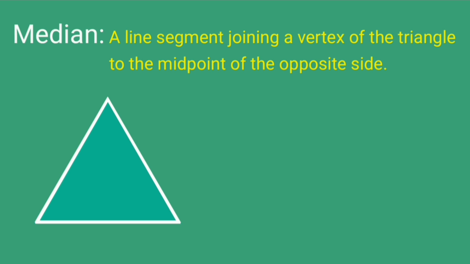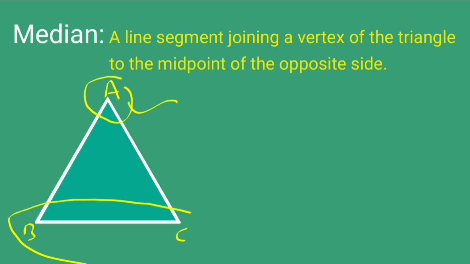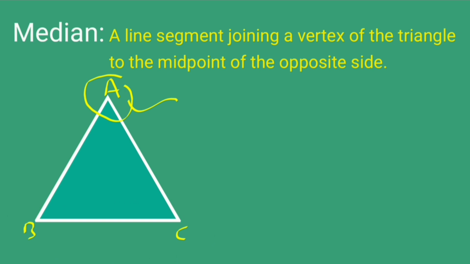Suppose these points are A, B and C. The opposite side of this vertex A is this BC line only. Now the line segment joining this vertex A onto BC line.